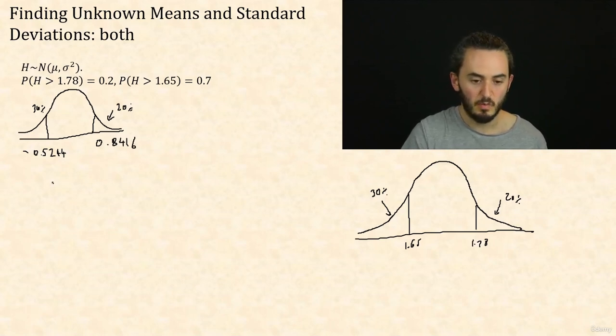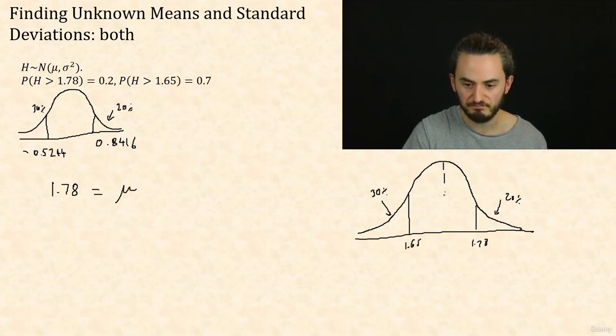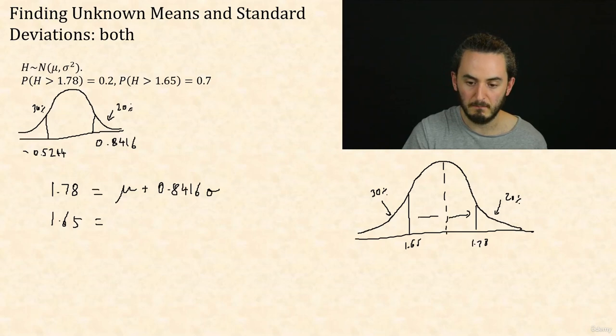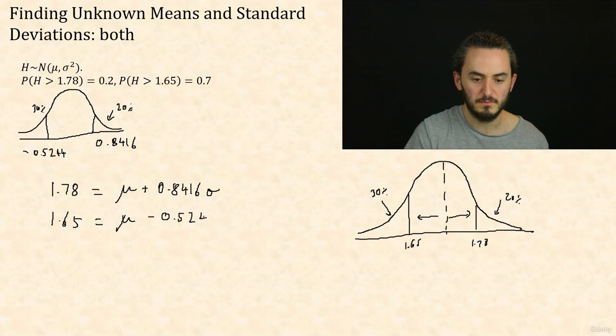So what does that mean? It means that 1.78 metres was found by taking the mean and going up by 0.8416 standard deviations. And it means that 1.65 was found by starting at the mean and going backwards, so the mean minus 0.5244 standard deviations.